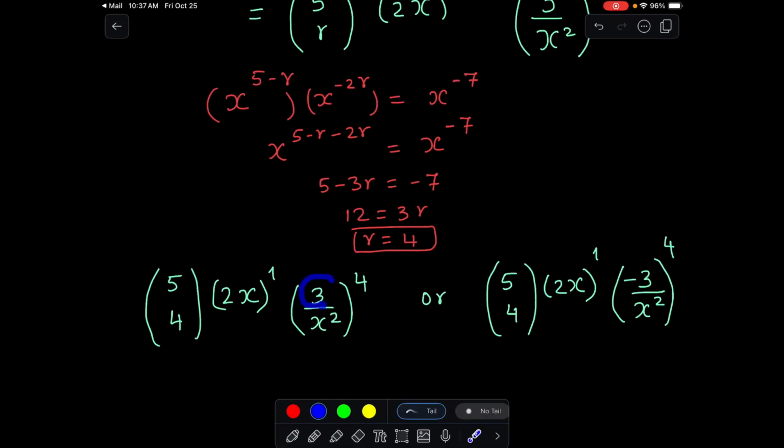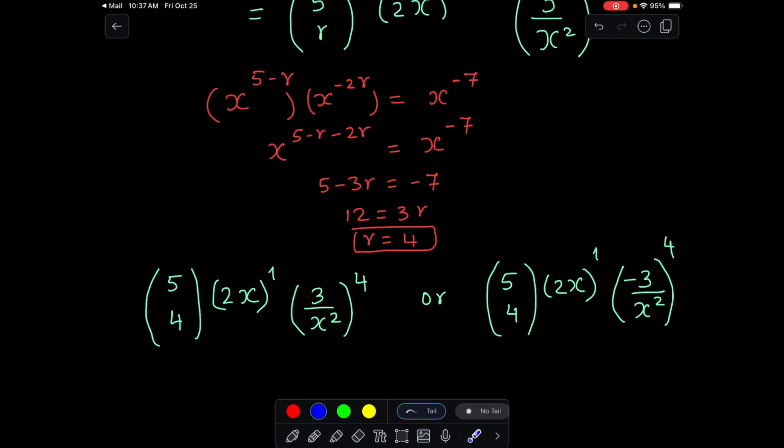Notice that the value of a was positive 3 or negative 3. Now that you have obtained the value of r as positive 4, an even number, it doesn't really matter whether you choose a as positive or a as negative.